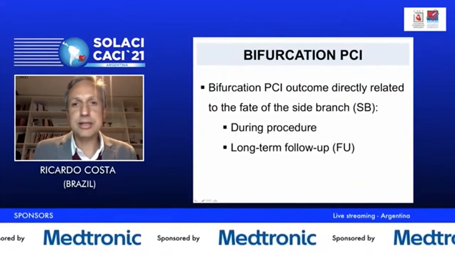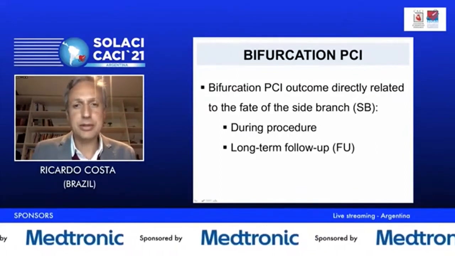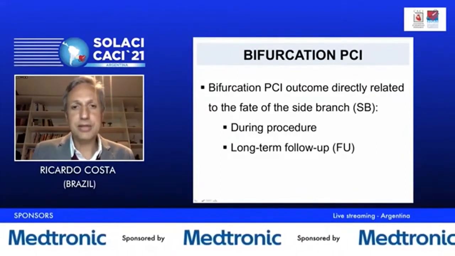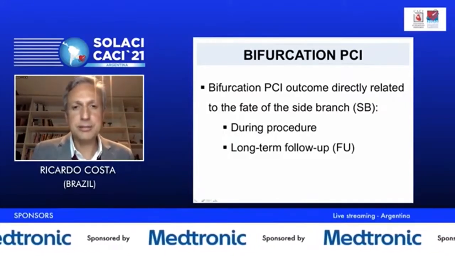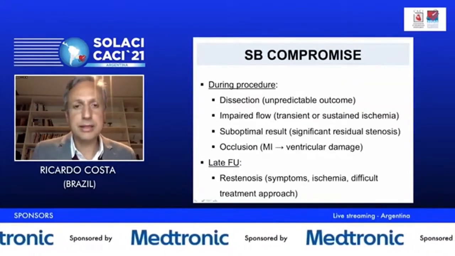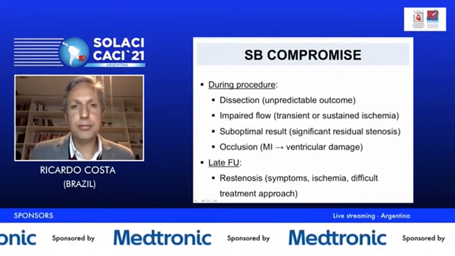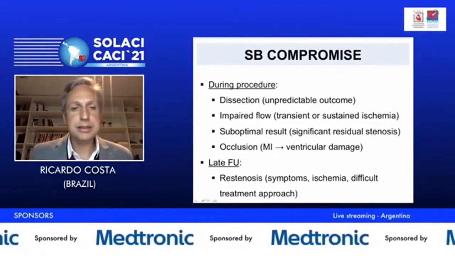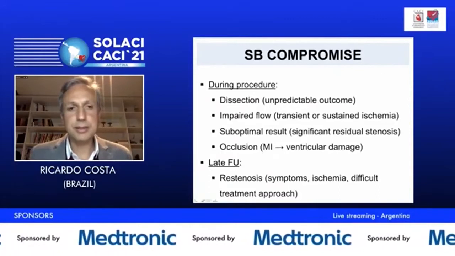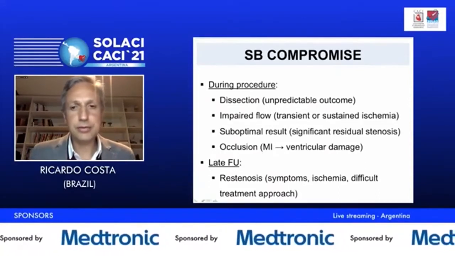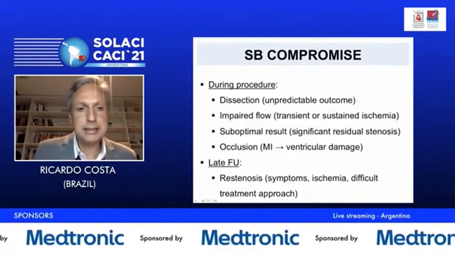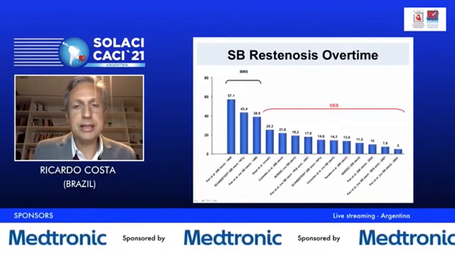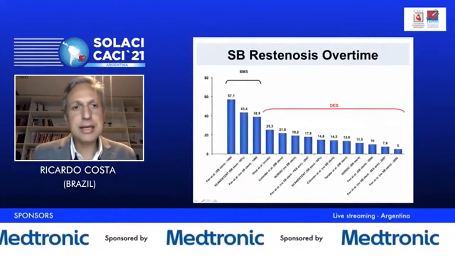We all know what happens with the bifurcation and how complex it is, what happens in the side branch, and what type of compromise we are talking about: whether it's a dissection, an impaired flow, an important residual stenosis, or a late stenosis.